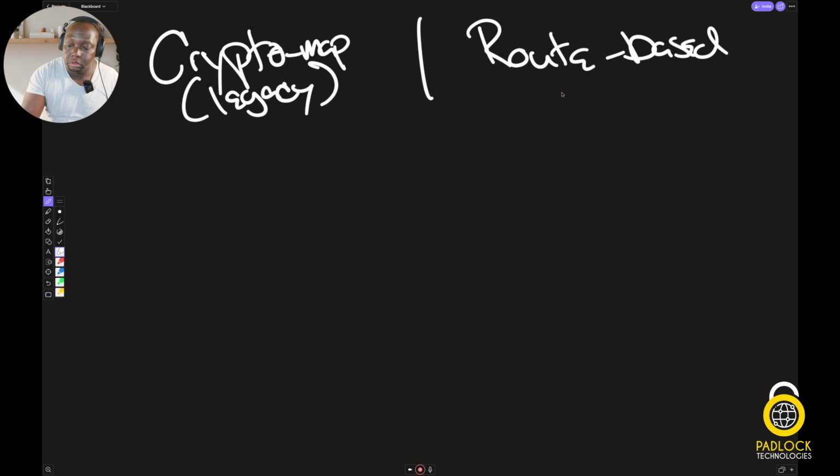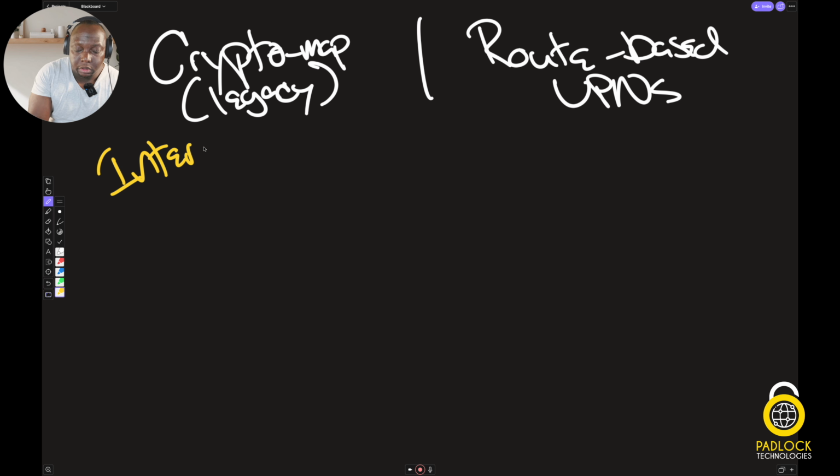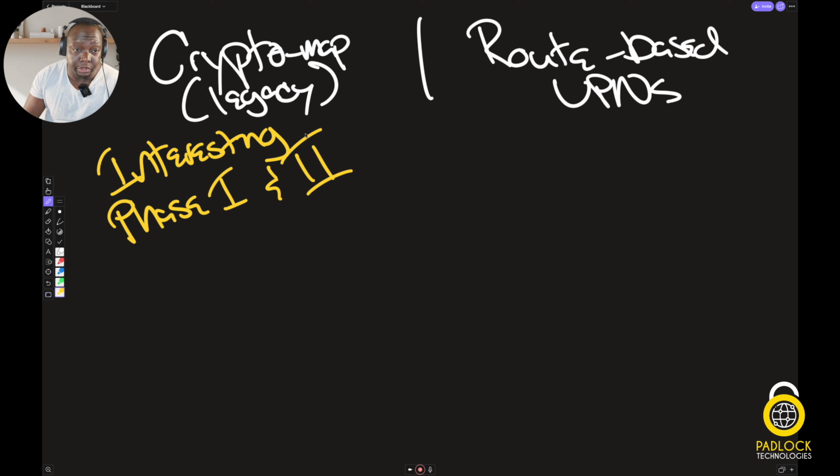So crypto maps was your traditional interesting traffic, which would initiate the VPN. Then you still have your typical phase 1 and 2 policies. One to secure the communication, the other one is to secure the data. Plus phase 1 actually gives you the key material for phase 2, but I can go down the rabbit hole with that one.